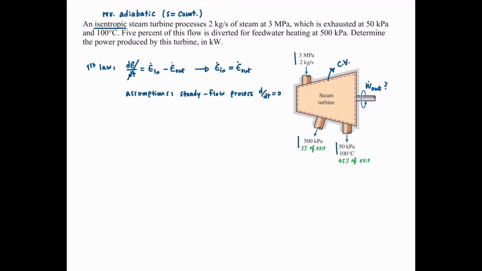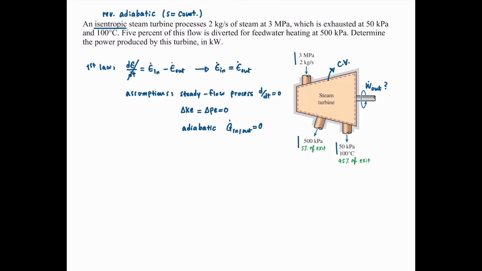And I'm going to assume that there is no change in kinetic energy and there is no change in potential energy. Problem says that the process is adiabatic, so there is no heat involved, or heat transfer rate equals 0.